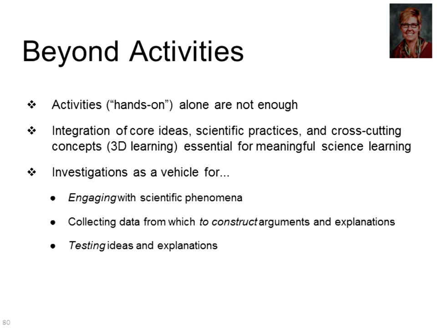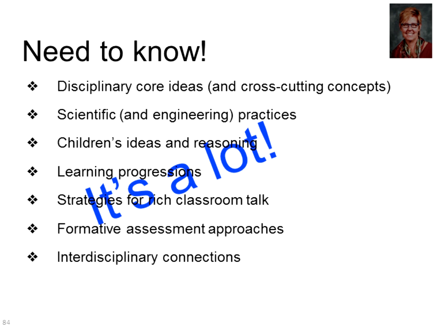This really is what Tracy showed us, a very carefully thought out storyline, and it's very different from the idea of having a binder of activities that we've really been working from in the past. So there's all this stuff that we're going to need to know in order to move towards NGSS. We're going to have to really dive into those disciplinary core ideas, the cross-cutting concepts, the practices.